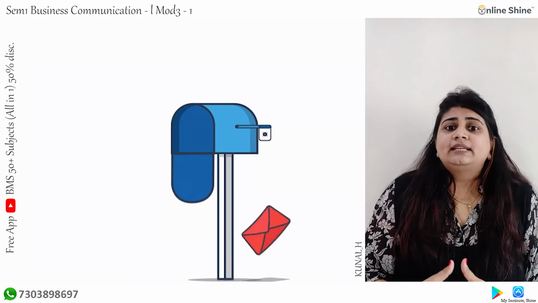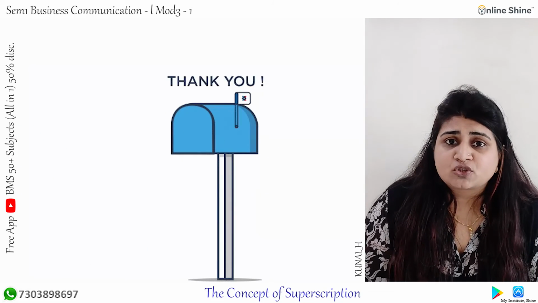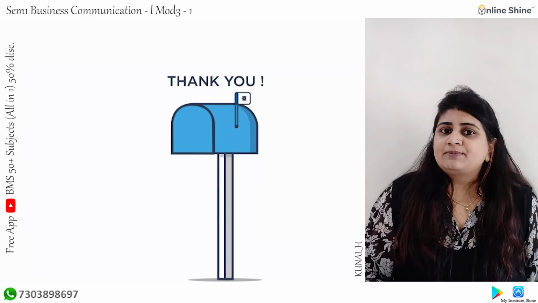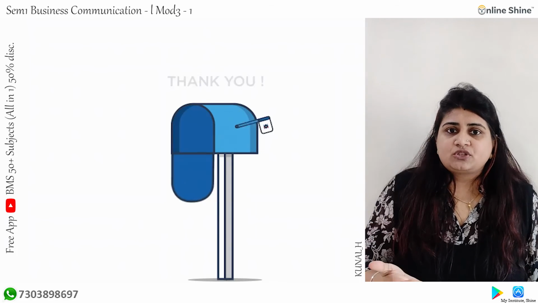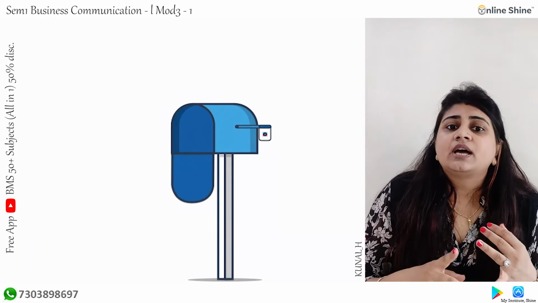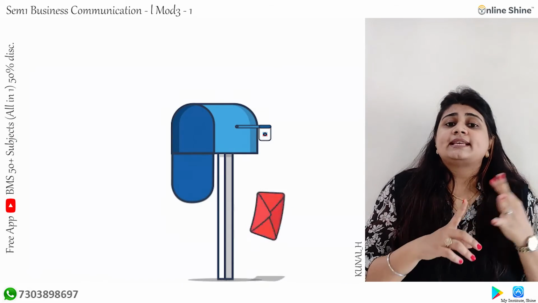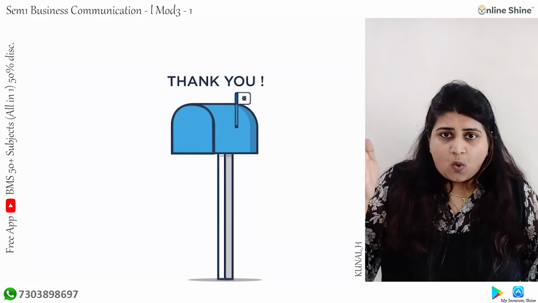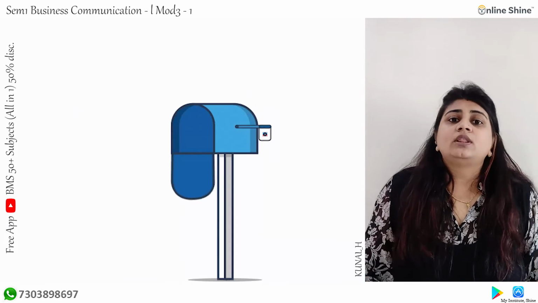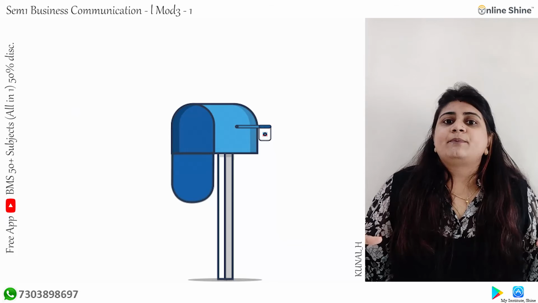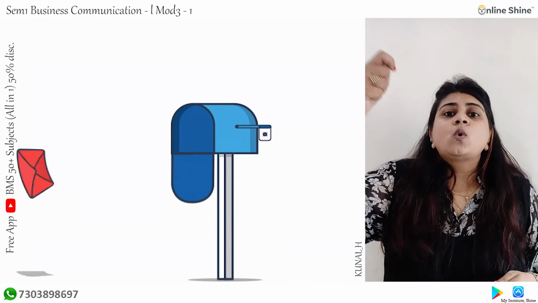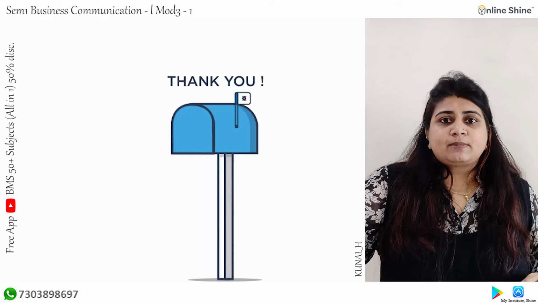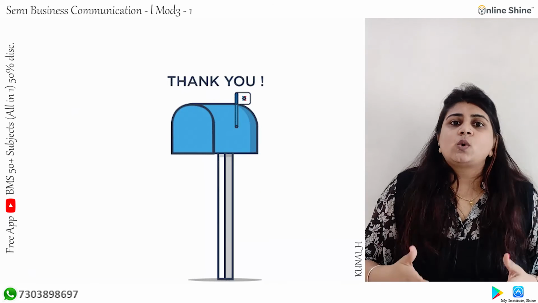And last but not the least is the concept of superscription. Superscription, as the name suggests. The name, the address, the head address and the inside address that's there in the letter, you write the same thing on the envelope so that you know whom this particular letter has to be given to.